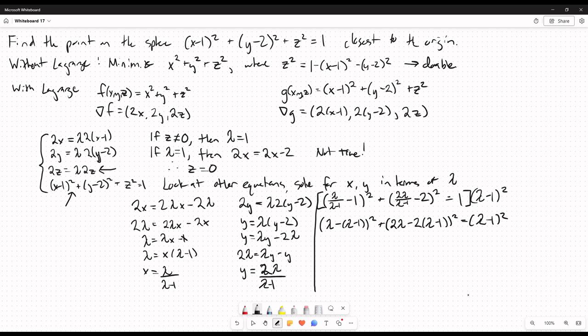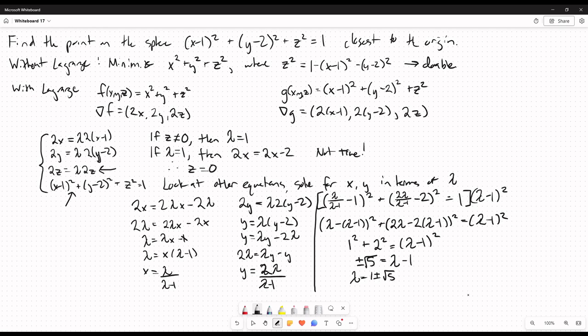This here will have lambda minus 1, or lambda minus lambda plus 1. So that's going to be 1 squared plus 2 lambda minus 2 lambda plus 2. That's going to be 2 squared equals lambda minus 1 squared. We'll get plus or minus square root of 5 equals lambda minus 1. We'll get lambda equals 1 plus or minus square root of 5.